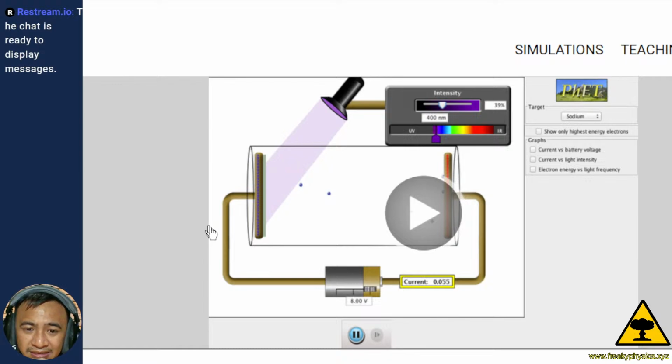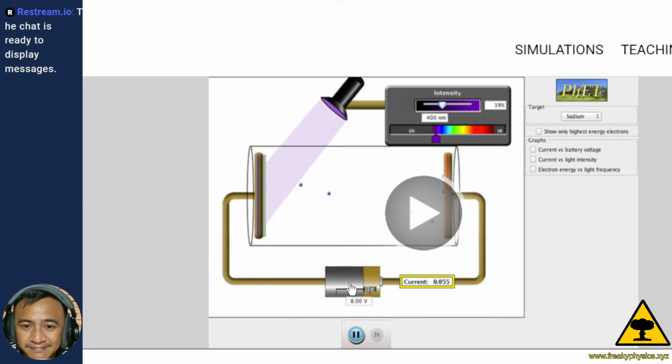Now, the idea here is, that's because the battery gives energy to the electrons. Now, if we ignore the battery for a while, then the photoelectric effect gives energy to the electrons, but they're gonna go the other way, right? So I'm gonna set it up so the battery is gonna oppose it. I could set it up so that the battery is going the other way, but that's gonna be a bit more difficult to find something useful. Okay, so to make it more useful, we will oppose the photoelectric effect with the battery.